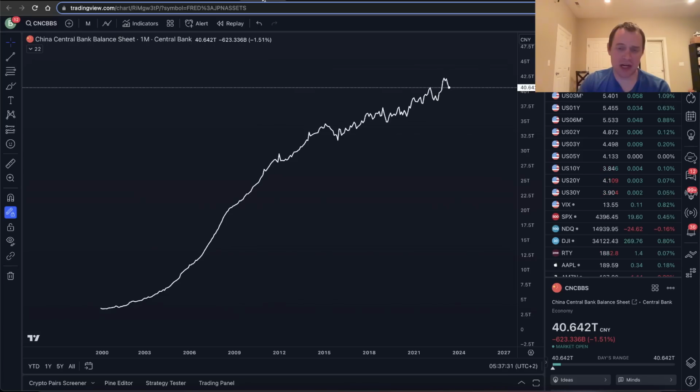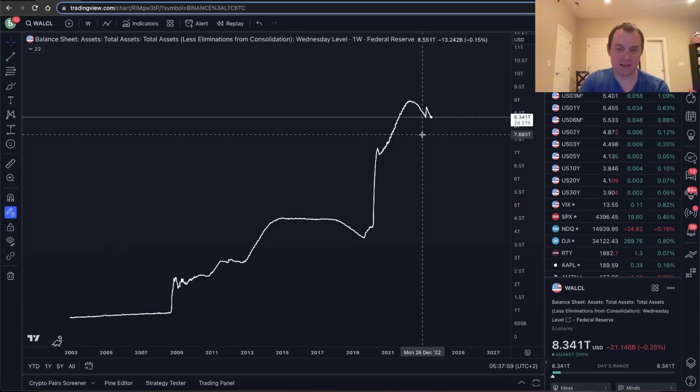If you go look at China, you will see that its balance sheet has been generally expanding, and it also found this low here in Q3 of 2022, and then it shot up. But recently, over the last couple of months, it's actually been coming back down. So at one point back in Q3 of 2022, we can see that there was liquidity coming into the system from outside of the United States.